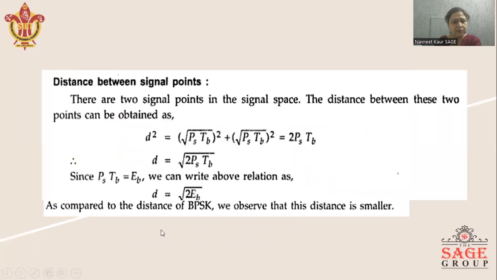Now, as compared to the distance of BPSK, the distance in BPSK was root 4 EB. So here we can see that in BFSK, the distance between the two signal points is smaller as compared to BPSK. So in BFSK, the probability of error is greater as compared to the BPSK signal.